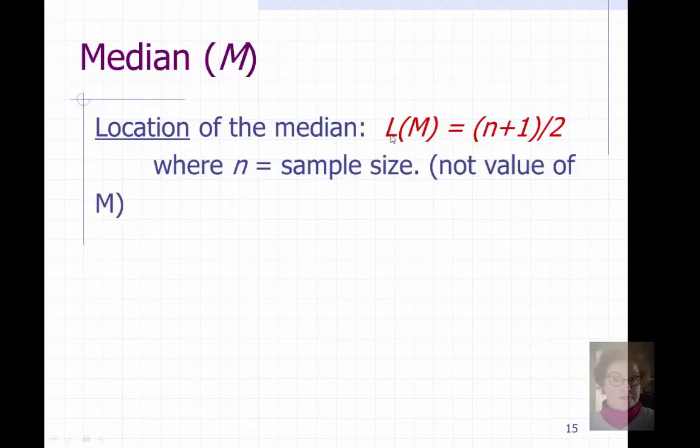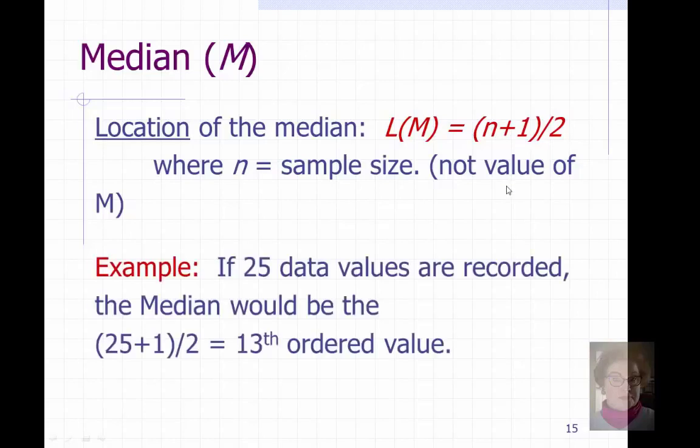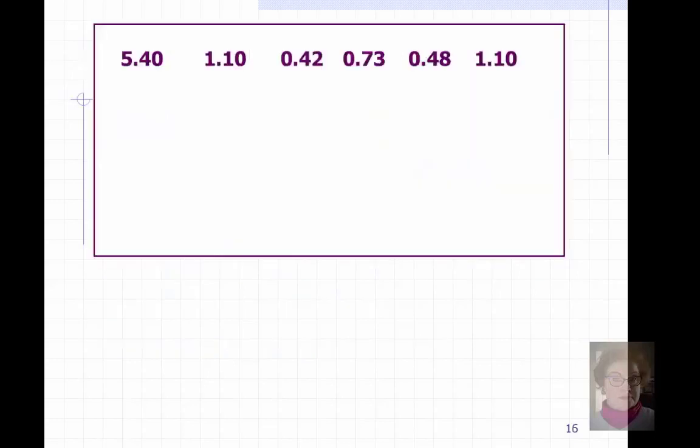So this tells you how you find the location of the median in your data set after it has been put in order. You take the number of data values plus 1, divide by 2, and that gives you the location of the median. So for instance, if I had 25 data values, 25 plus 1 is 26 divided by 2. So the 13th value from the top or the 13th value from the bottom will be your median.